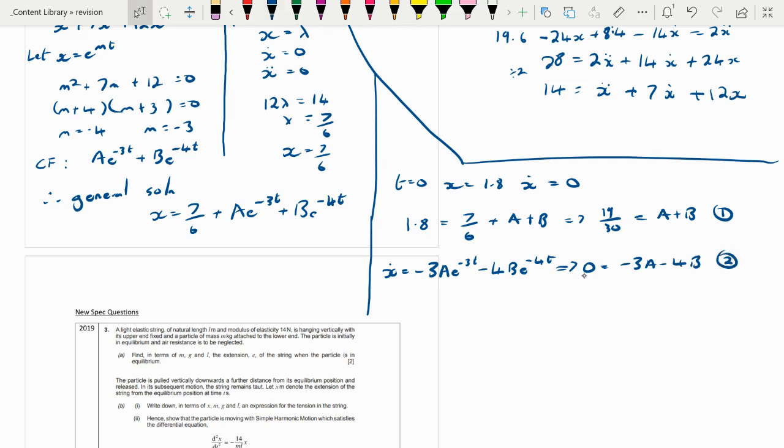Now I'm simply going to solve those two simultaneously. And I end up with a is 38 over 14, and I end up with b is minus 19 over 10.